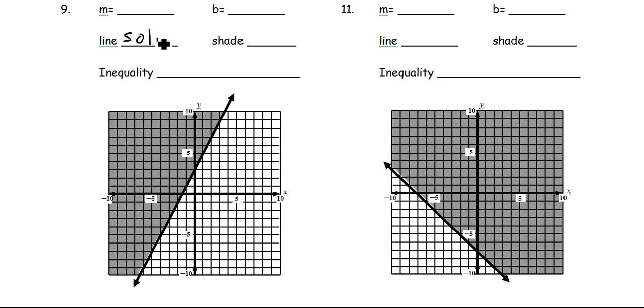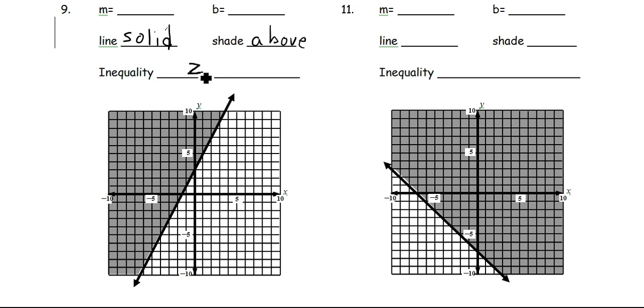I look at my y value, and is the shading above or below that? Well, here's where it crosses, and the shading is above. So above means greater than. The solid means we include the line. If you want to think, it shows the line, so the line counts. So you can put that there.